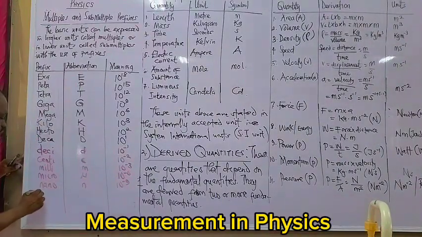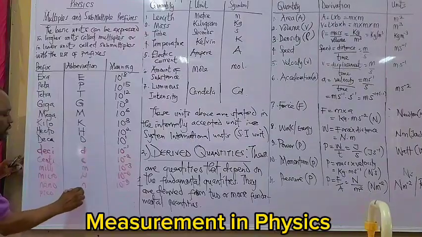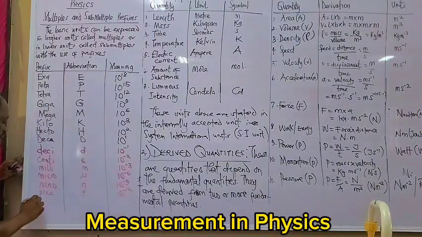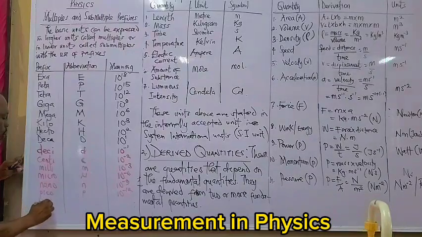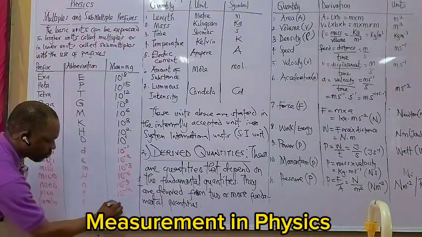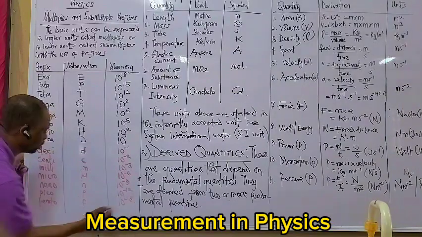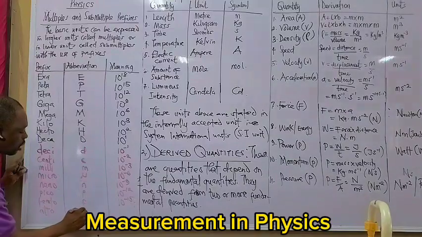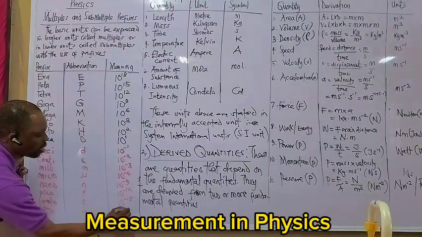We have pico, which is small p, 10 raised to power minus 12. We have femto, which is f, 10 raised to power minus 15. And we have atto. Ten raised to power minus 18.